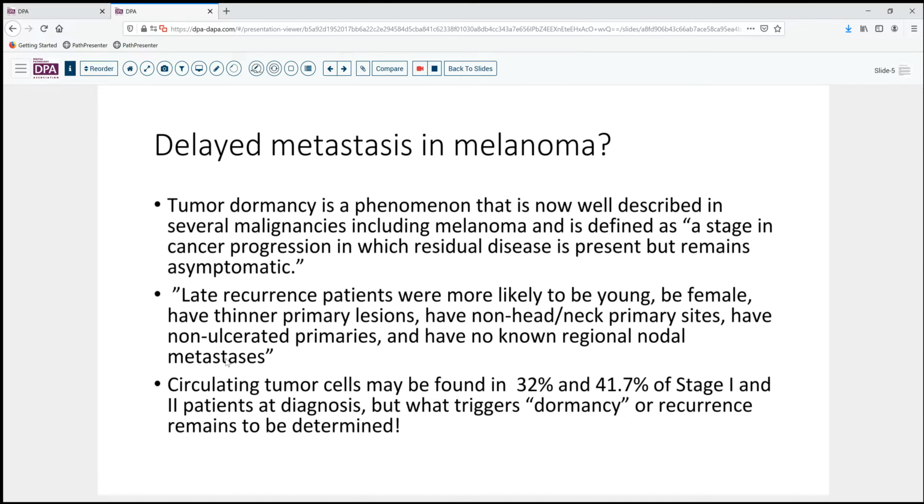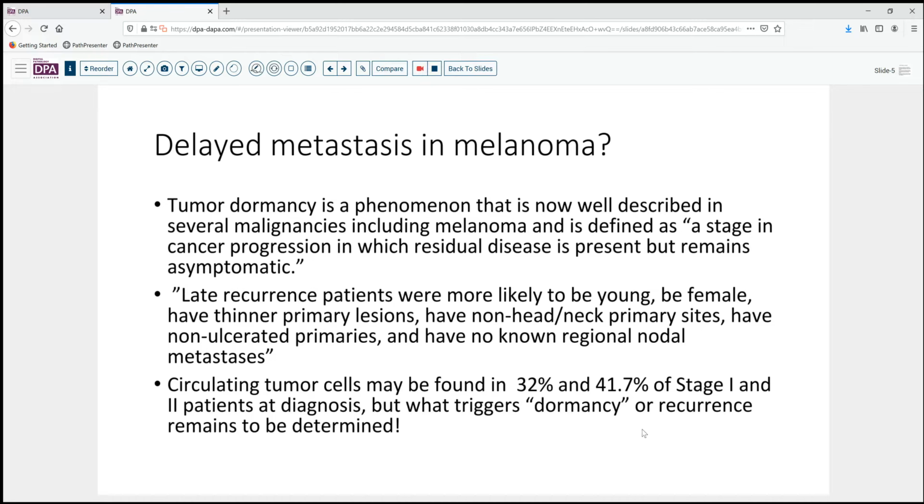Now, what's the basis of this? Well, one study has found that there are quite high rates of circulating tumor cells in the blood that can be found in both stage 1 and stage 2 patients at diagnosis. So we know that melanoma can be considered a systemic disease from a very early stage. But what triggers the dormancy or the later recurrence remains to be determined.